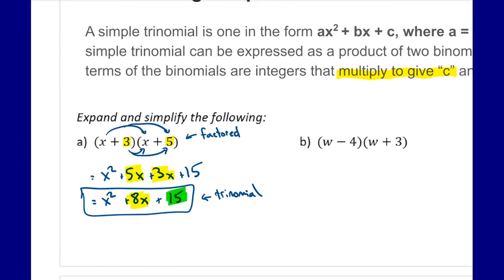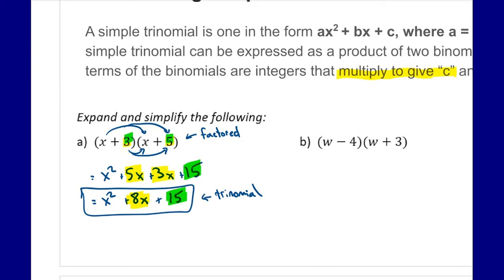The constant, or the c term, which we see here, is the product of the two terms in the brackets of the factored form. So that's the connection.